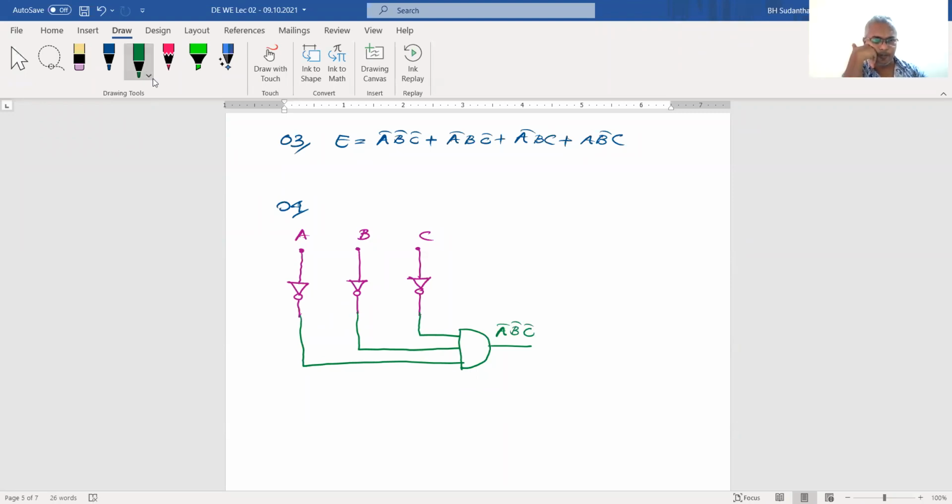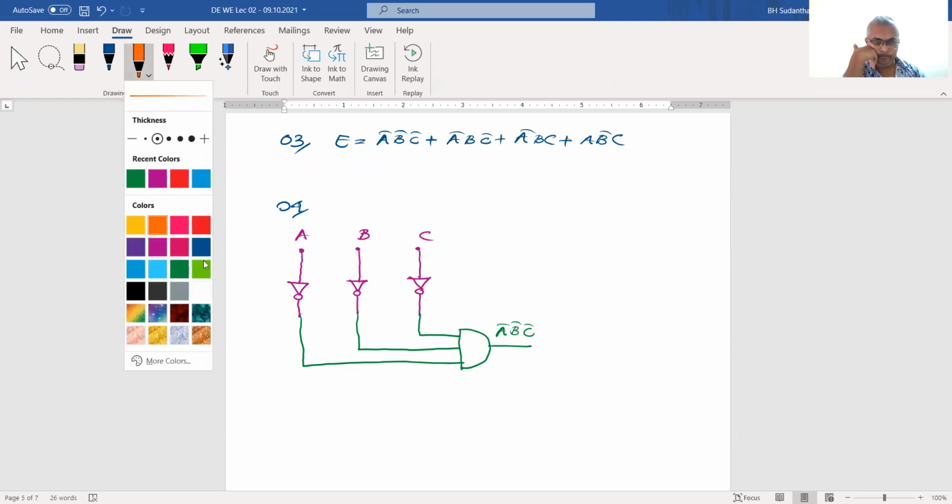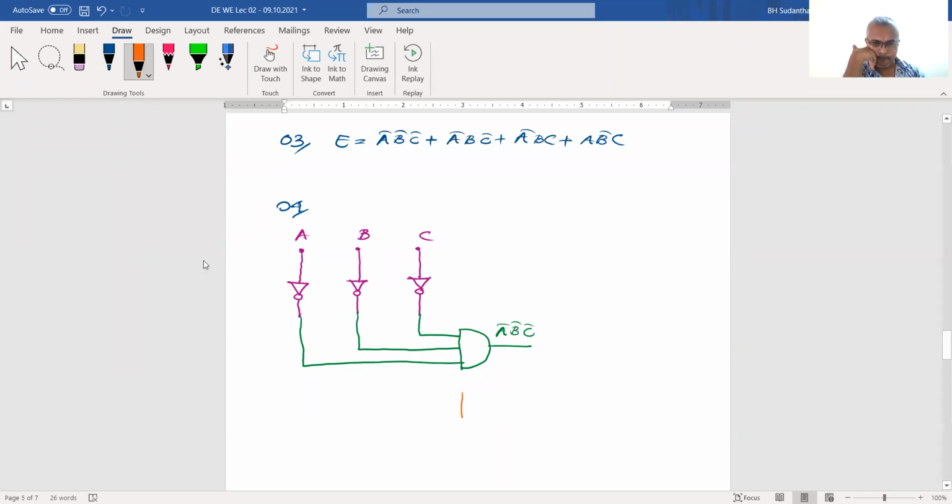Here B, C. We have C bar here, and B is here. And we need A bar also. This is A bar, B, C.